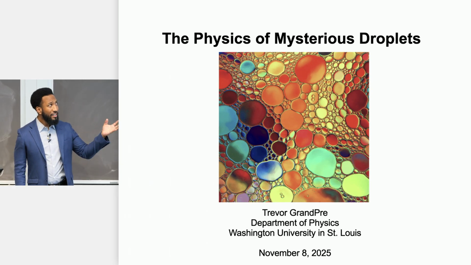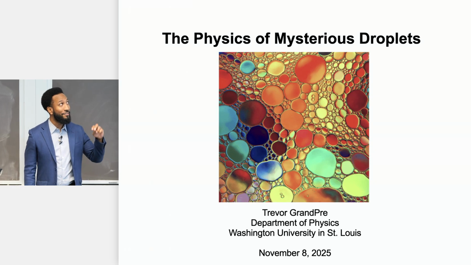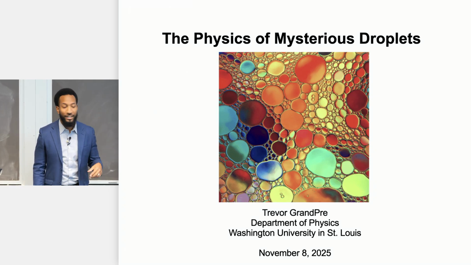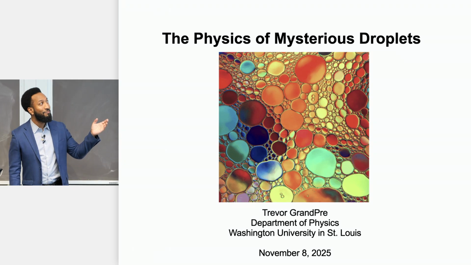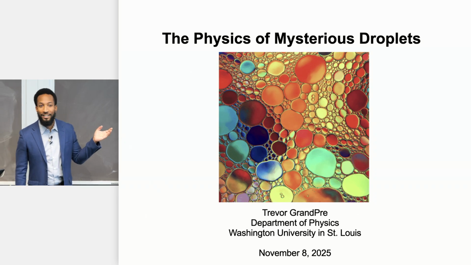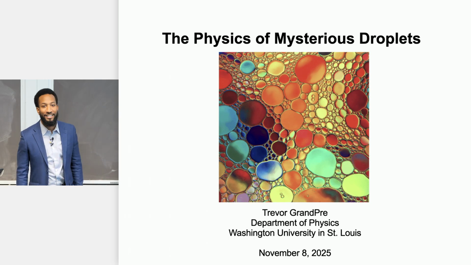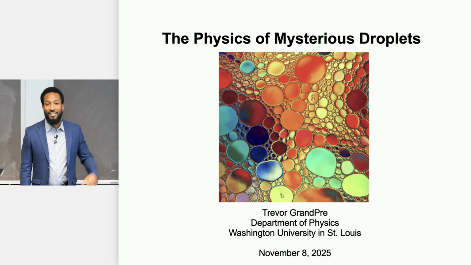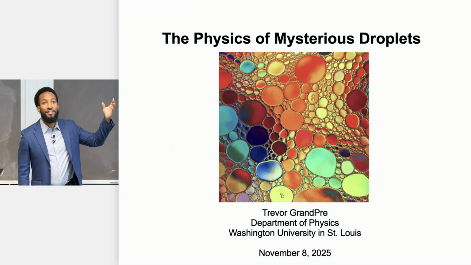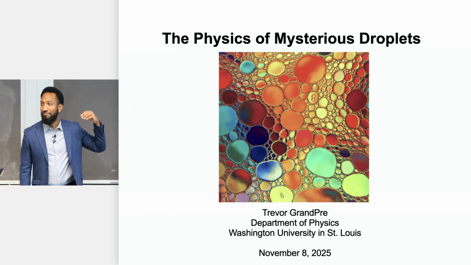Today I'm going to talk to you about the physics of mysterious droplets. Here is an image of a whole bunch of droplets that you might see if you put a straw in water and blew bubbles. This is not necessarily in a cell, but this is the picture that we have when we look at certain types of things that are in cells.